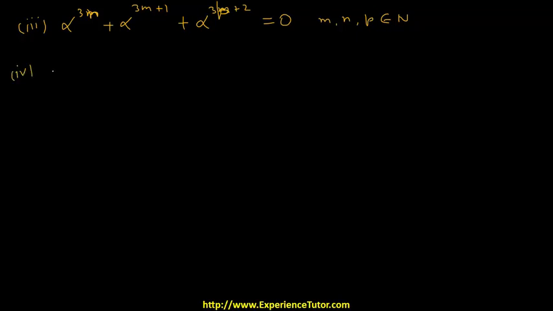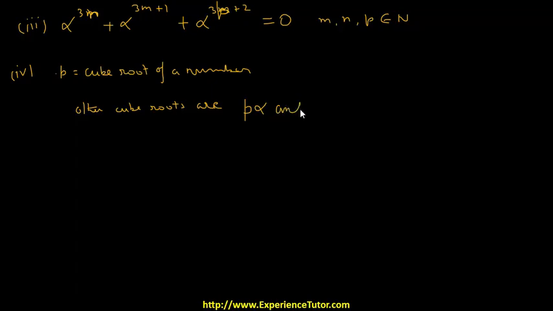So if p is the cube root of any number, then the other cube roots are p alpha and p alpha square.